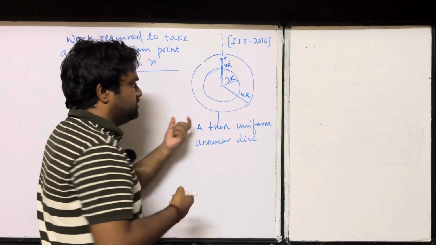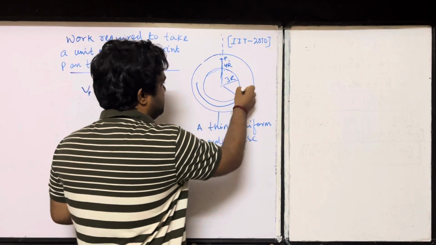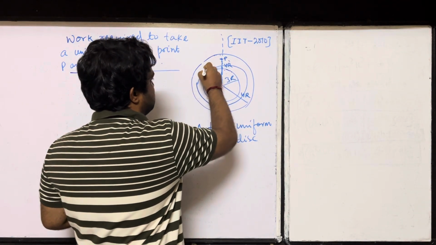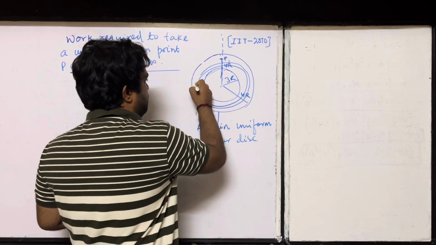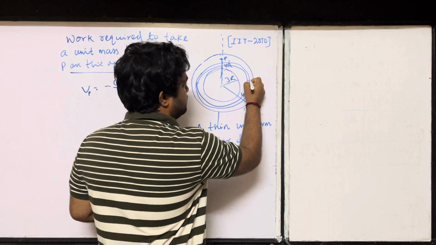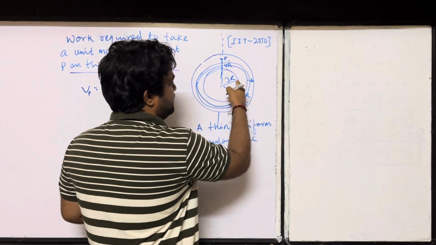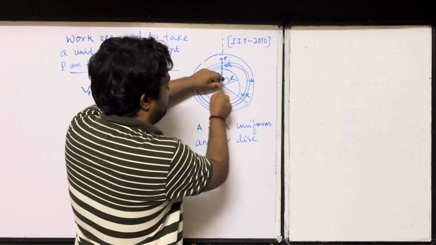For that we can cut this annular disc into small rings of width, let us say, dx, and this dx will be integrated from 3r to 4r.